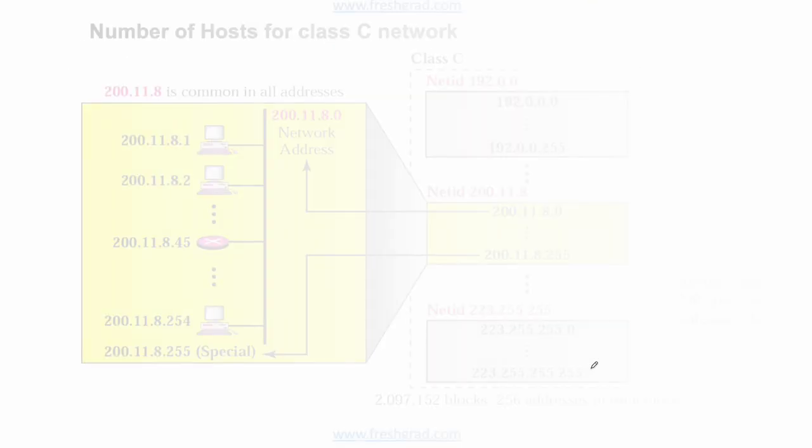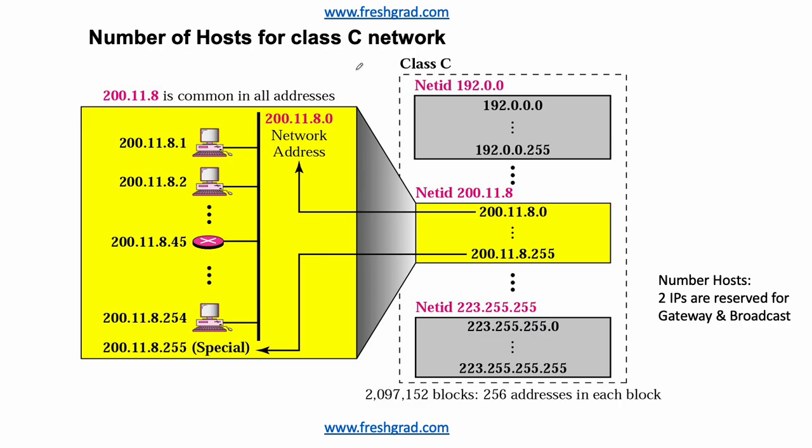So let's take a look at class C, how a class C network looks. Class C has the first three digits as network ID, 200.11.8. And what is the class C IP address range? It starts from 192.0.0 to 223.255.255.255. This is the range. So you can have anything between this as your network ID.